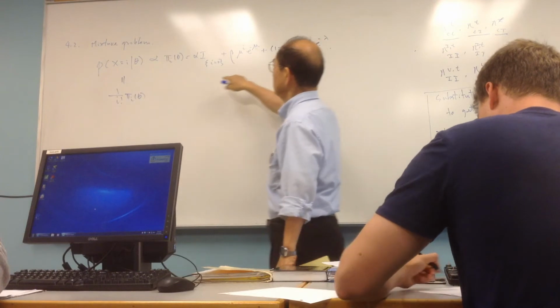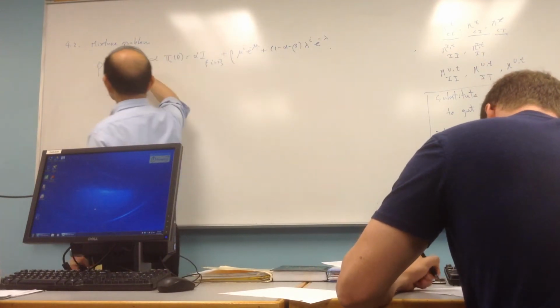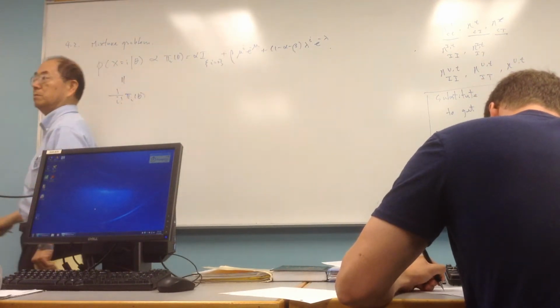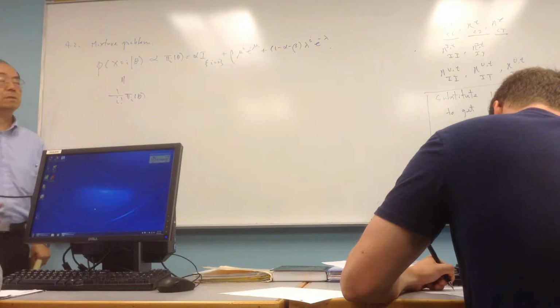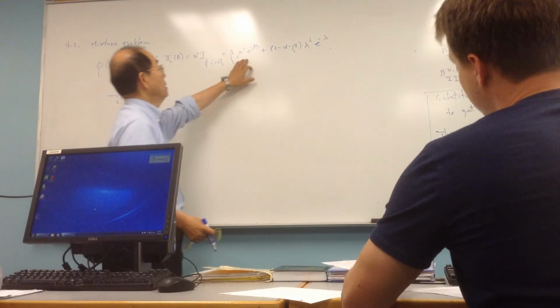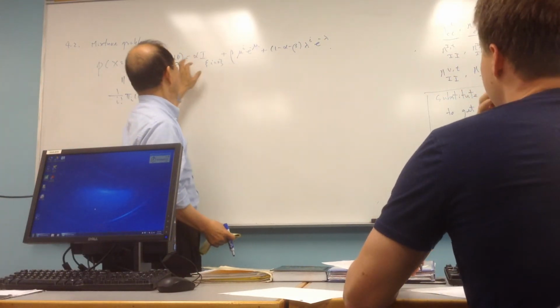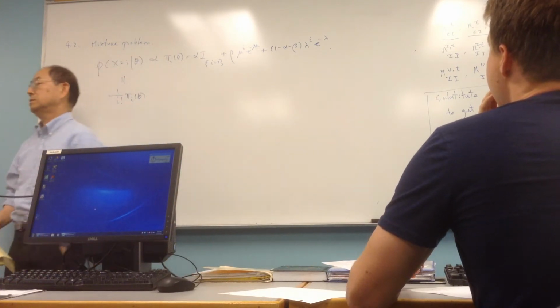So if you sum over i equals 0 to infinity, you get 1. Because this sums up to 1, this sums up to 1, and alpha, beta and the remainder sum up to 1.